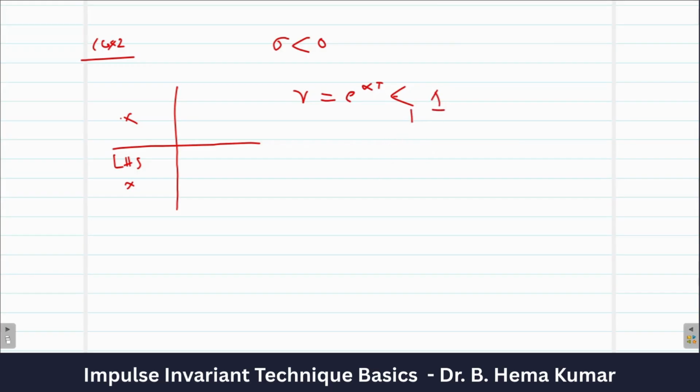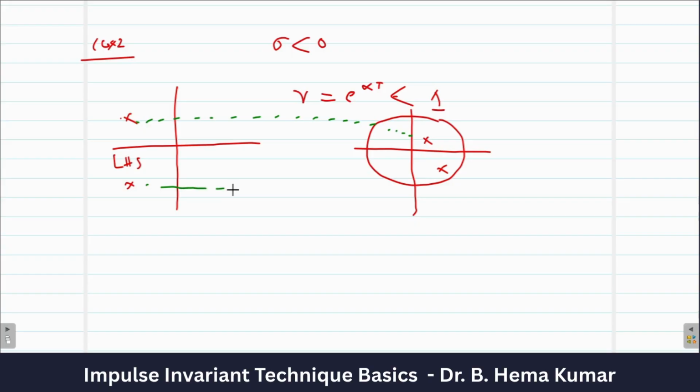When r is less than 1, the poles will be somewhere inside. So the left hand side of the S plane is mapped into the inside of the unit circle. That is the condition for stability. What is the second condition? Poles from the left half of the S plane map to the inside of the unit circle. So the second condition is also satisfied.